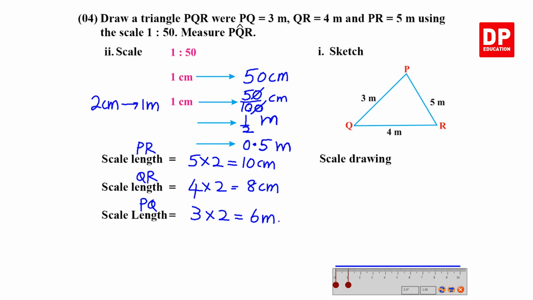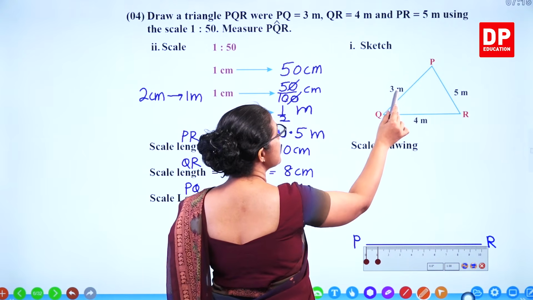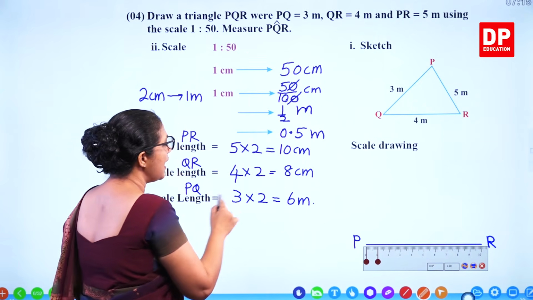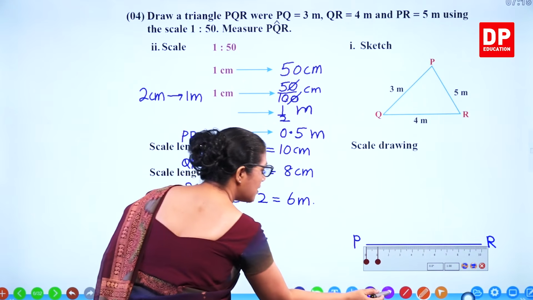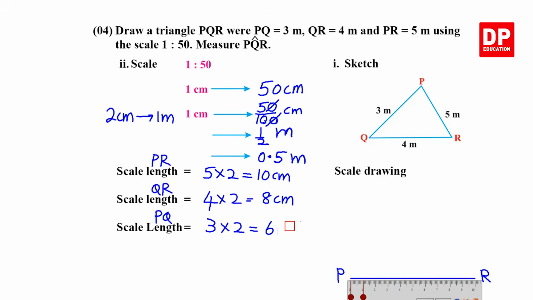That's PR. Then you have to take 4 meters and 3 meter lengths. That means 8 and 6 centimeters here. Also this is the scale. So this is 6 centimeters, not meters.